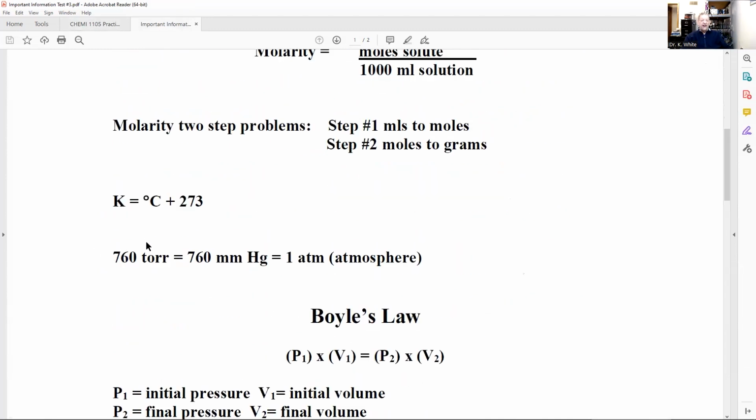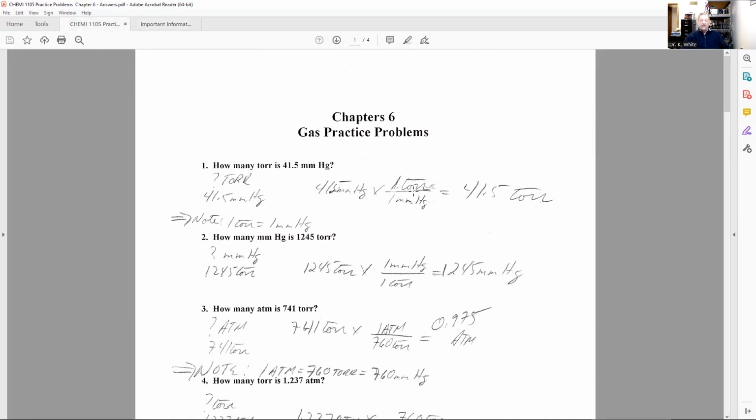And you'll see here I have 760 torr equals 760 millimeters of mercury equals 1 atm, atmosphere, which means 1 torr equals 1 millimeter of mercury. So I can go back: 1 torr, 1 millimeter of mercury.